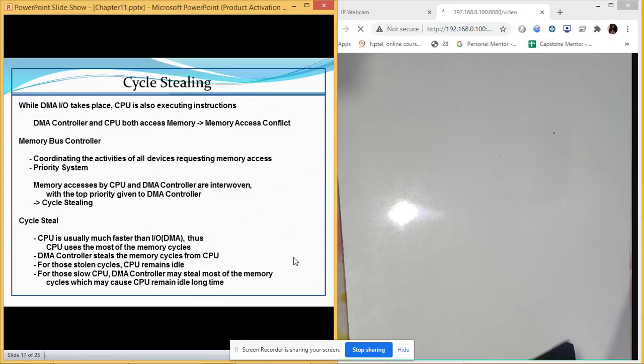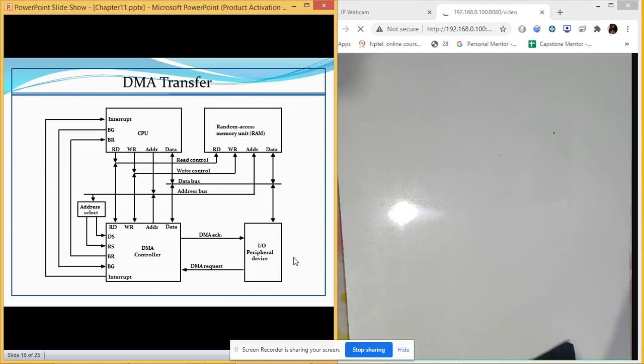These are inbuilt in this setup. Whatever command your CPU is going to issue will be stored in those registers inside the DMA controller, so it will perform that task. This particular diagram is only to show you the external connectivity of DMA with CPU and memory. This is how it is connected.